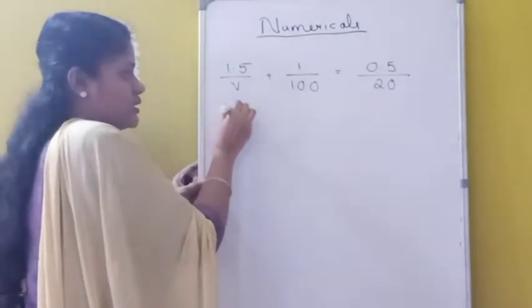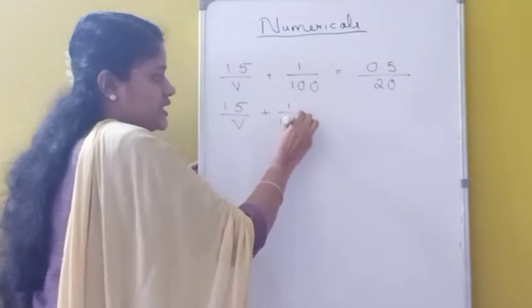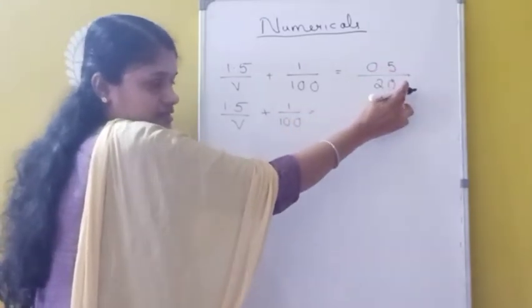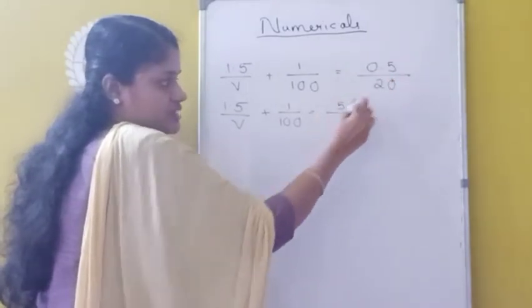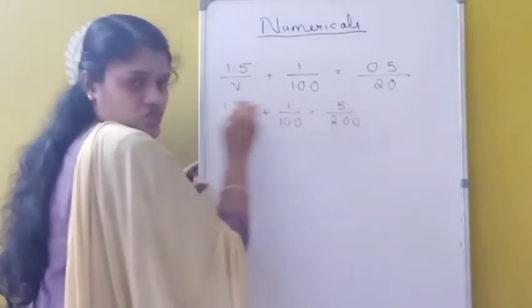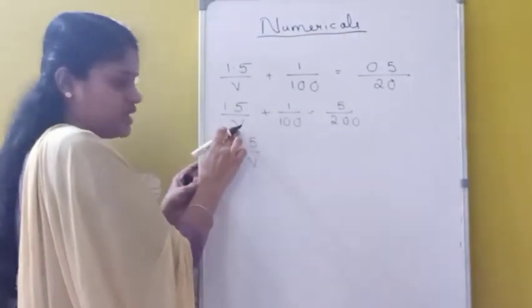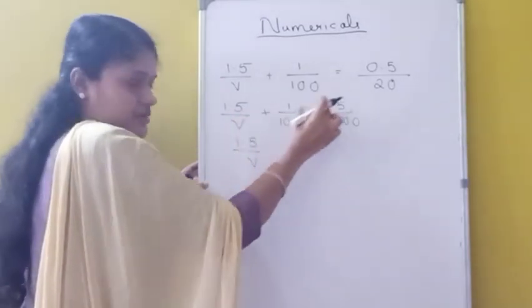So I can write 1.5 by V plus 1 by 100 equals 5 by 200, since there is 1 digit after the decimal, so I multiply the denominator by 10: 20 into 10 becomes 200. Again, 1.5 by V is the quantity we have to find out, so I keep it on the left hand side and take the other quantity to the right hand side.